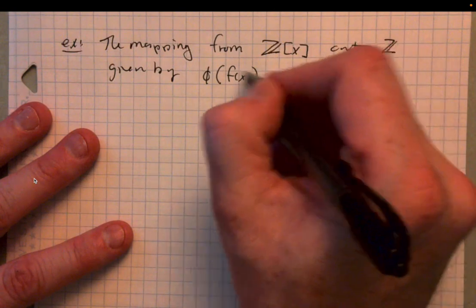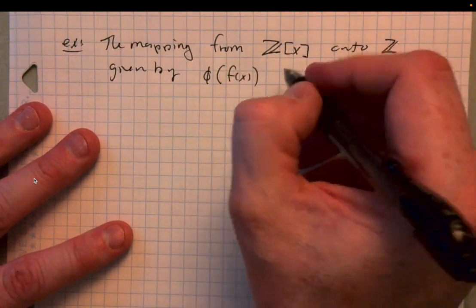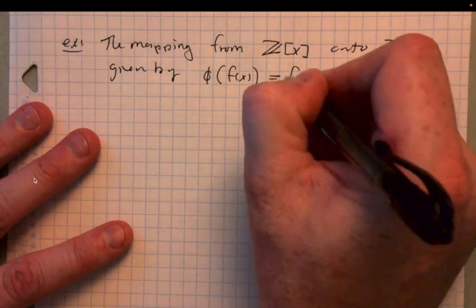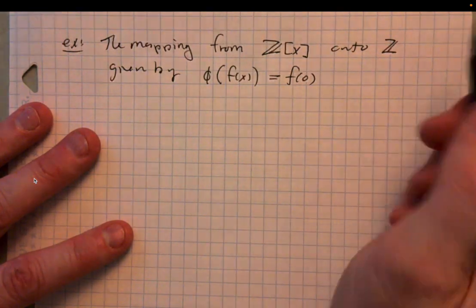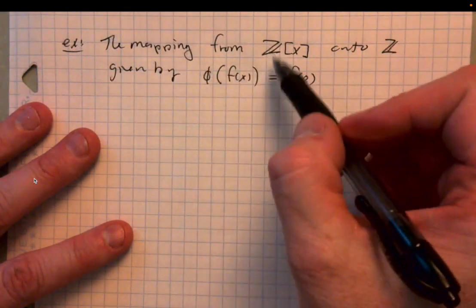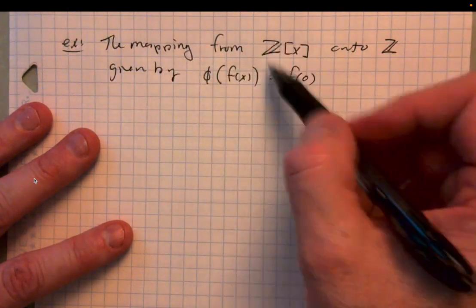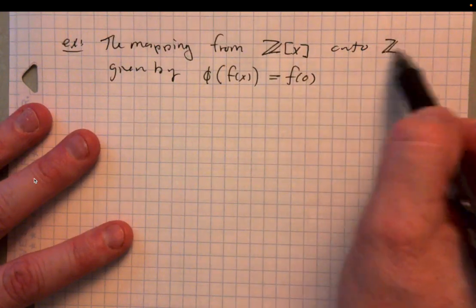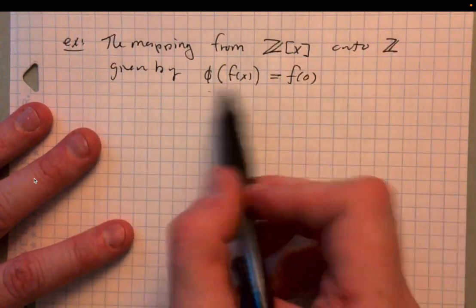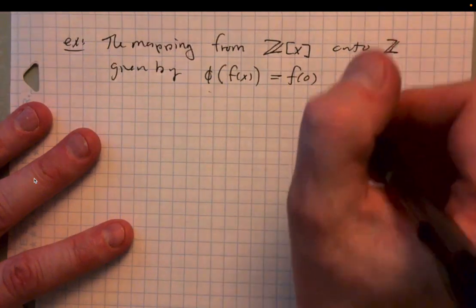So when we map f(x) under phi, we basically evaluate it at 0. Okay, so the mapping from the ring of integer polynomials onto the integers given by this mapping here is a ring homomorphism.